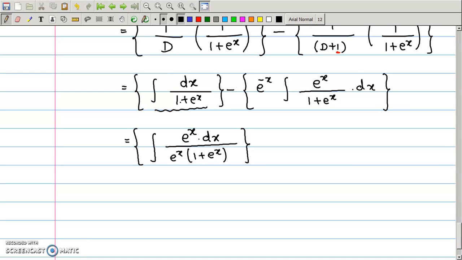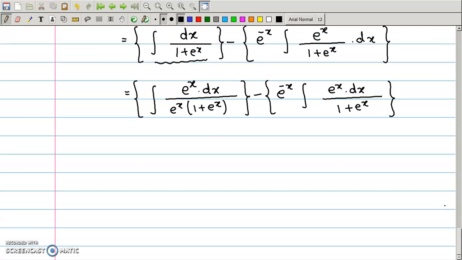So this term will be e raised to minus x plus 1, and this e raised to x can be written in the numerator as e raised to minus x. So there are different ways to simplify this integral. This e raised to minus x as it is, e raised to x into dx upon 1 plus e raised to x as it is.